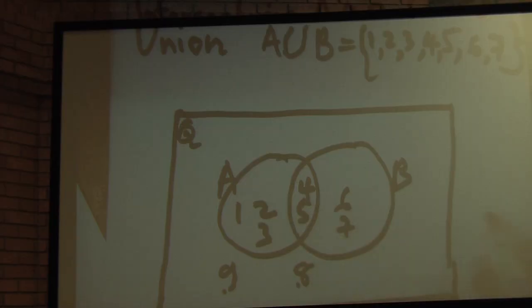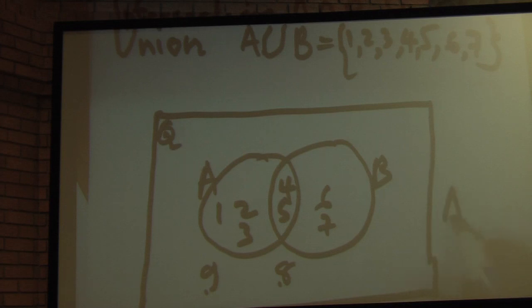But if it was list the set that represents the intersection of A and B, that would be now written as A intersection B, and this would be equal to 4 and 5, like that. But if we're just asked how many elements are there, we can see there are 2.